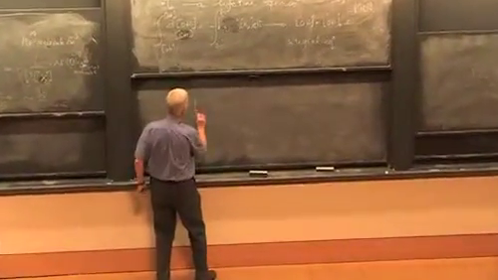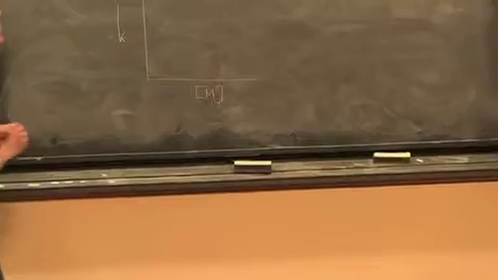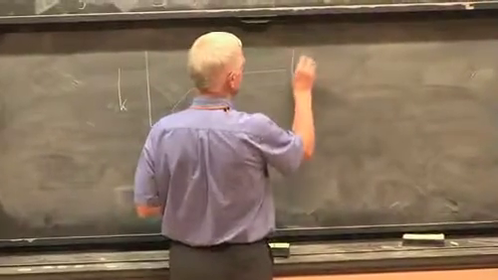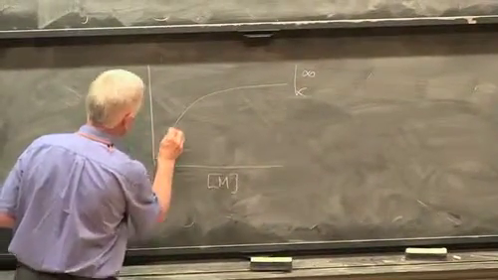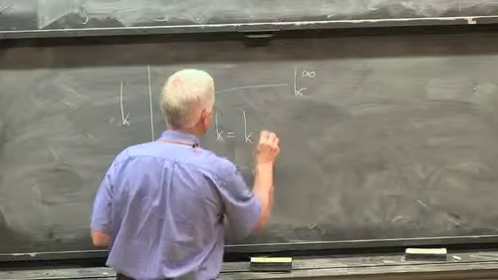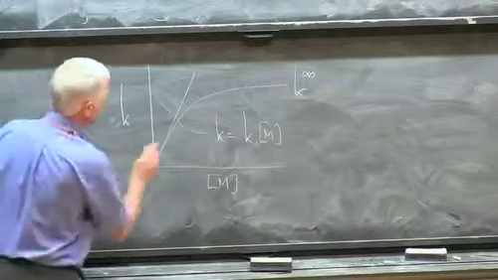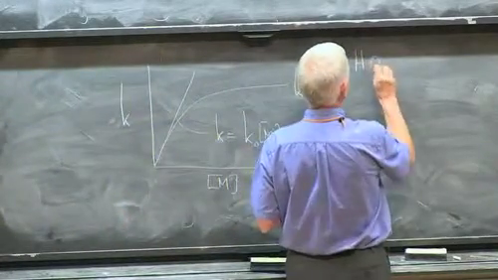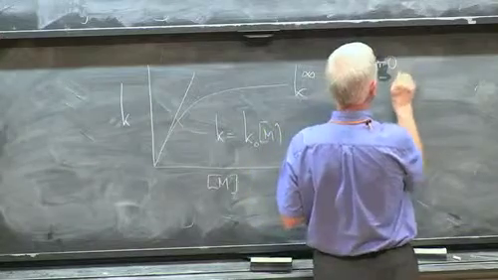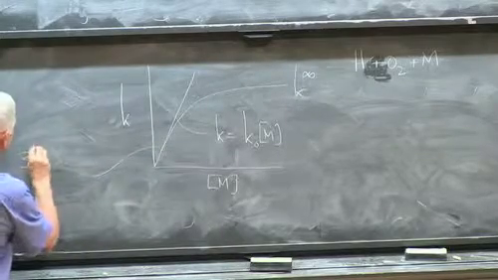If we look at this rate coefficient as a function of pressure or of the concentration of the third body, then it looks something like that, where this is K infinity, and this approaches a limiting slope where K is equal to K0 times the concentration of M. And the reaction is H plus O2 plus M. And so in this region here, the reaction is actually third order.